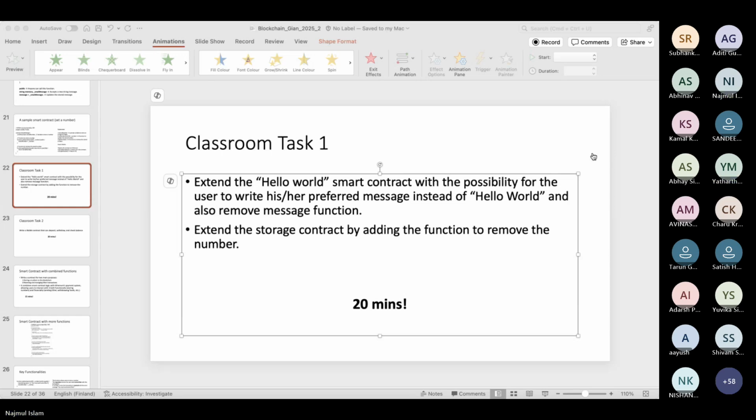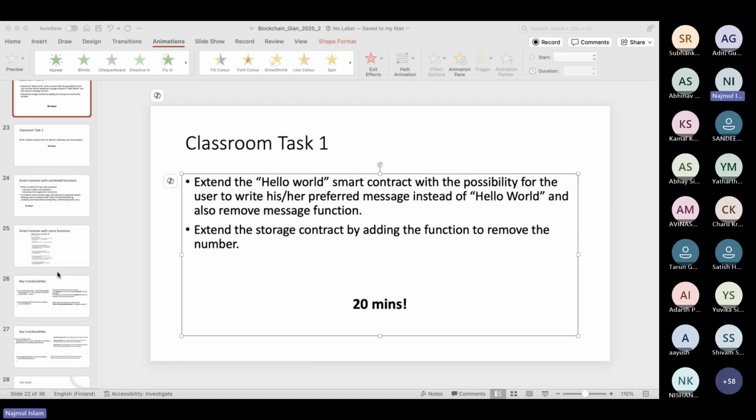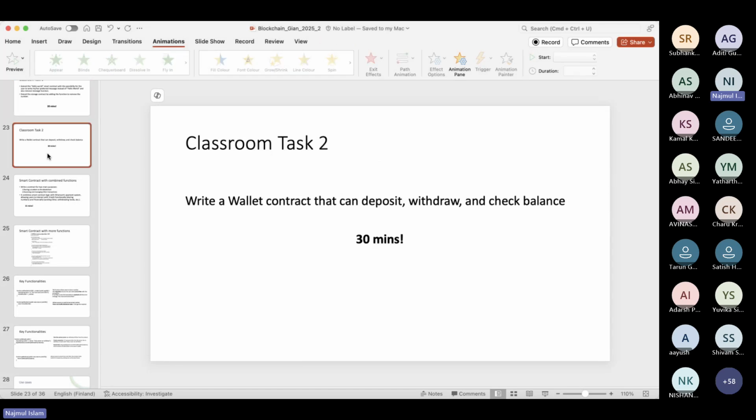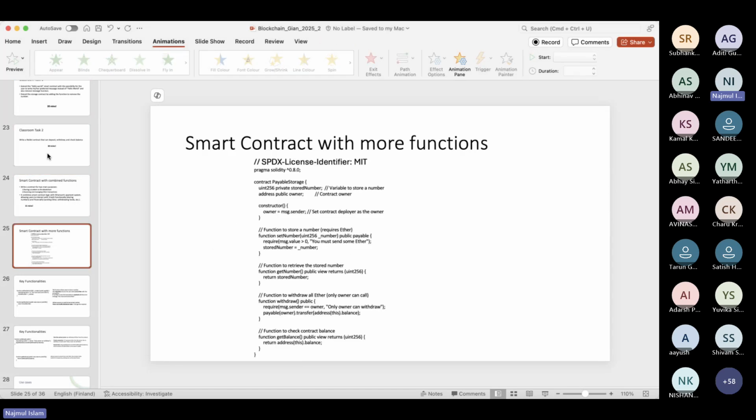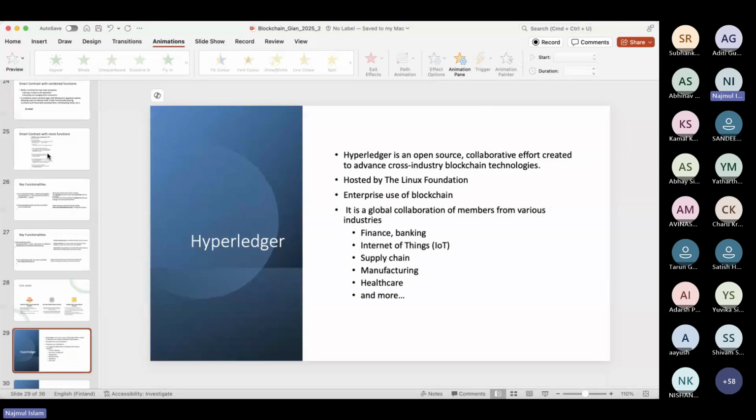Then I have a few more tasks like this that we can do. But before that, I think it might be a good idea to talk a little bit, and I will try to cover Hyperledger, and then I will come back to this hands-on work.